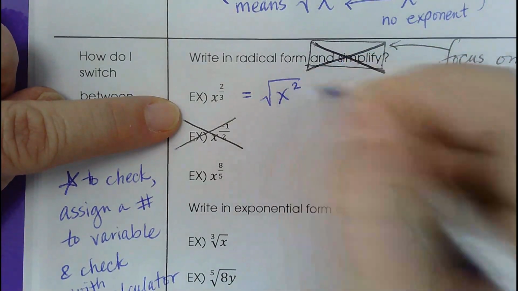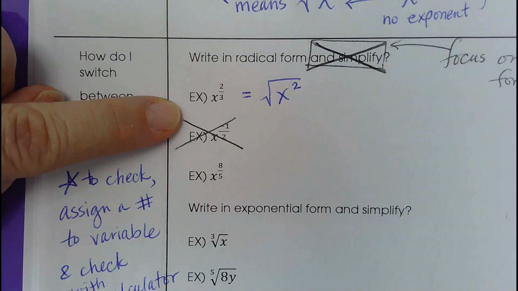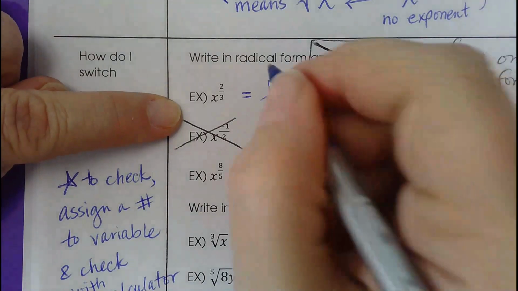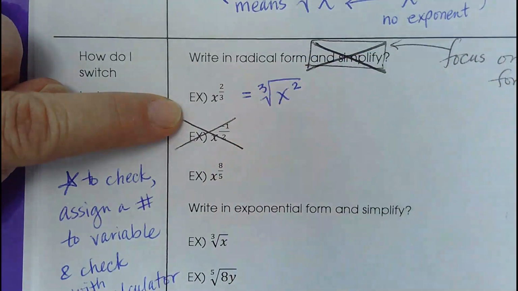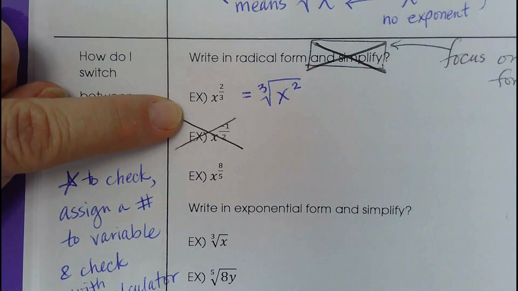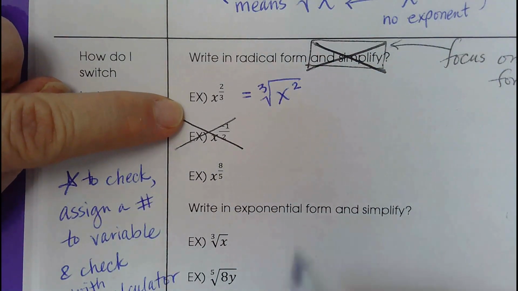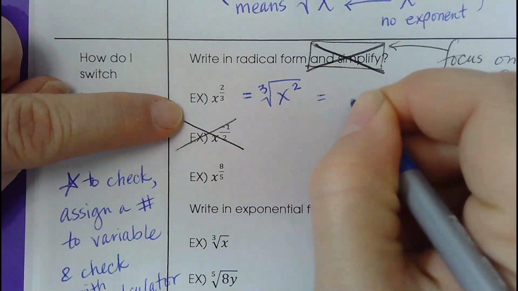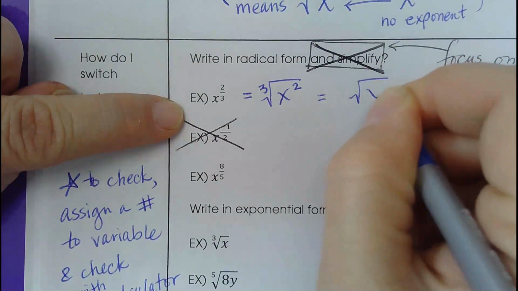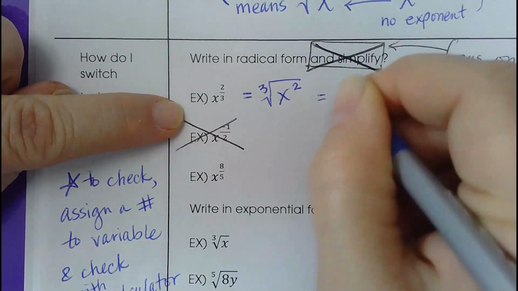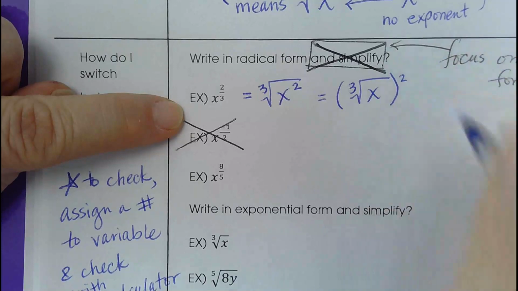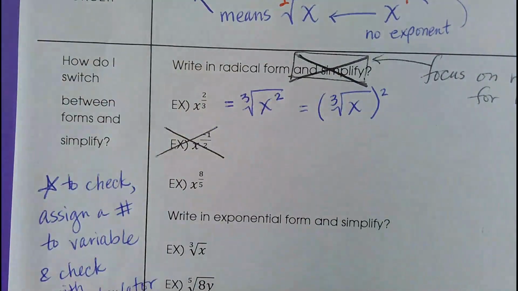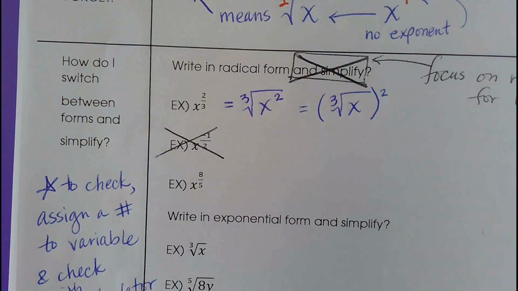The 2, the power, that's the hat, and the 3 is the index, that's the boots. This could also be written as cube root of x and then squared later. Either one of those is correct. And as I said, you can substitute a number for x and check that.